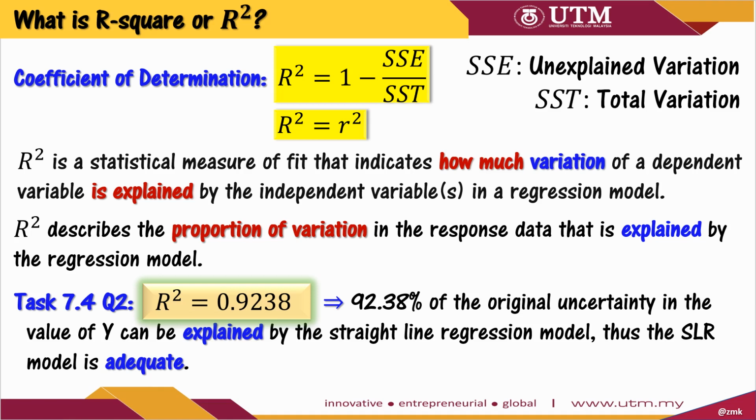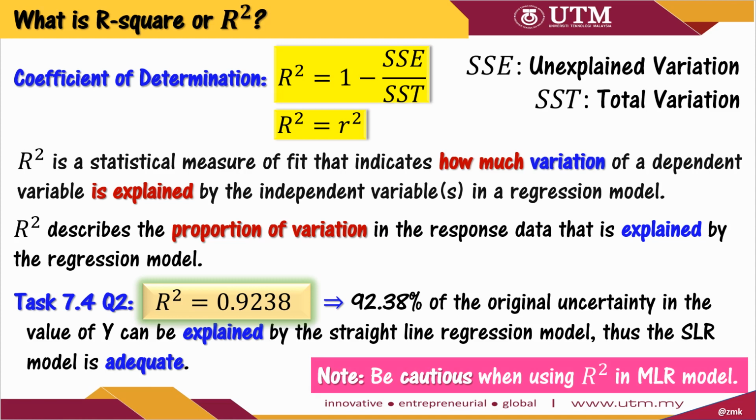If the R-square value is low, say smaller than 60%, you may question the adequacy of the simple linear regression model. An important note: please be cautious when using the R-square value as a measure of model adequacy if there is more than one independent variable in the model, such as in a multiple linear regression model, because the value of R-square always increases as the number of predictors in the model increases.